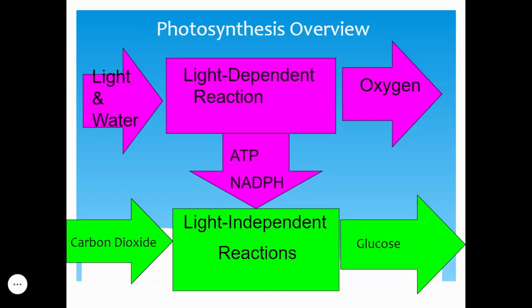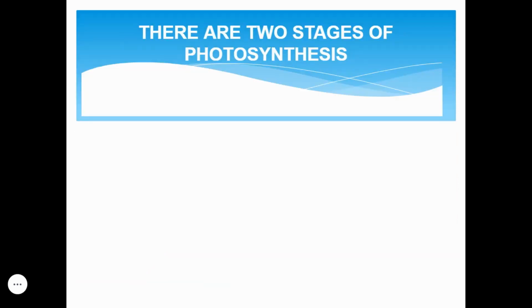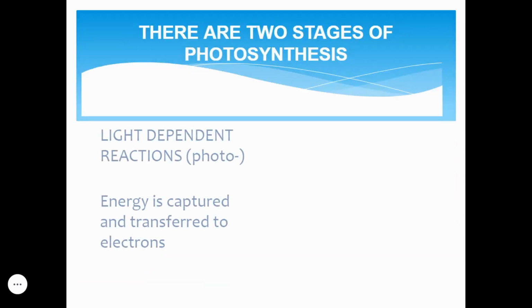So this is an overview of photosynthesis, and we're going to talk about both of these types of reactions. The first reaction we'll talk about is the light-dependent reaction, and then we'll move into the light-independent reaction. So again, there are two stages of photosynthesis. The first stage is the light-dependent reaction, and that is where we get the photo part of photosynthesis.